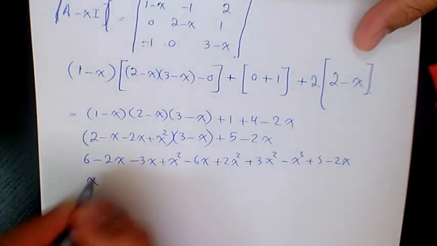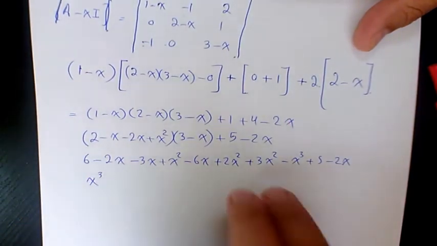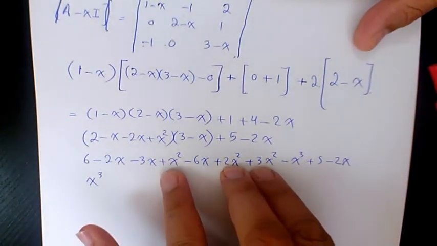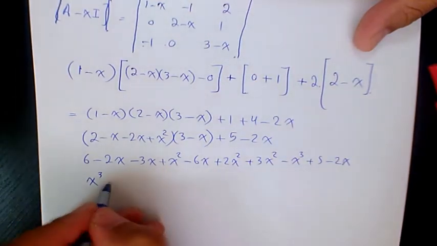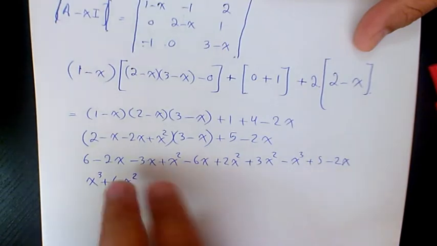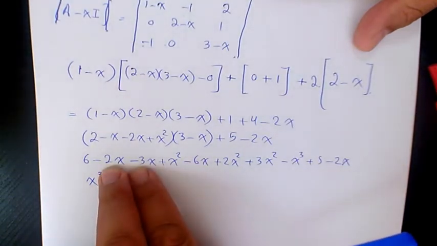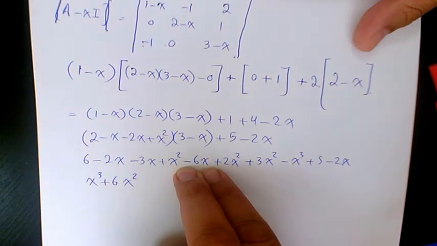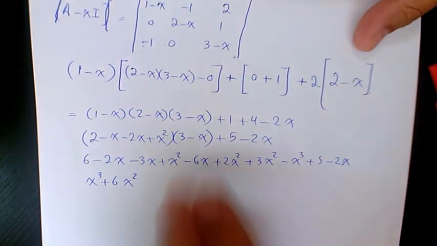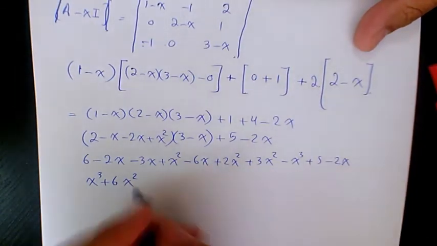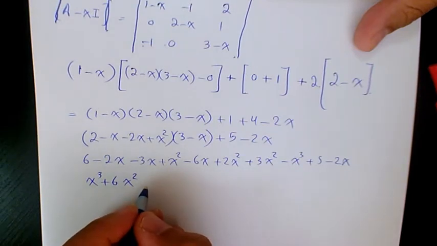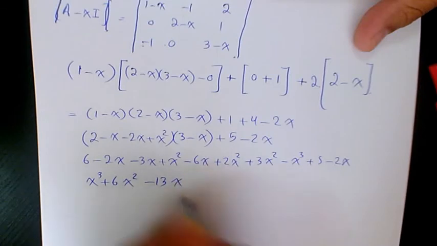Then we have x cubed, then 6x squared. Then we have -2x and -3x, which is -5x. With this negative 6x, it's negative 11x. With this negative 2x, it's negative 13x.